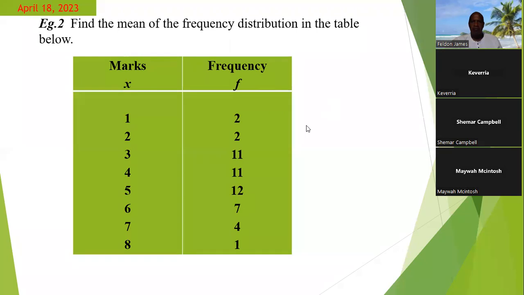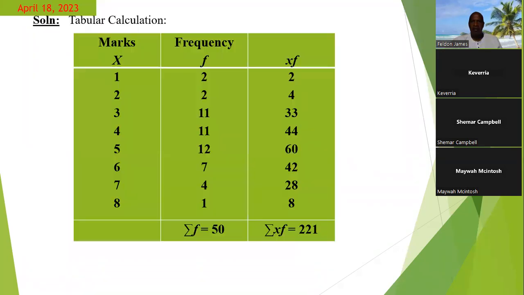So you should add another column to calculate XF, and to get XF, you're simply going to multiply the first column times their frequency, whatever you get to put in that column.